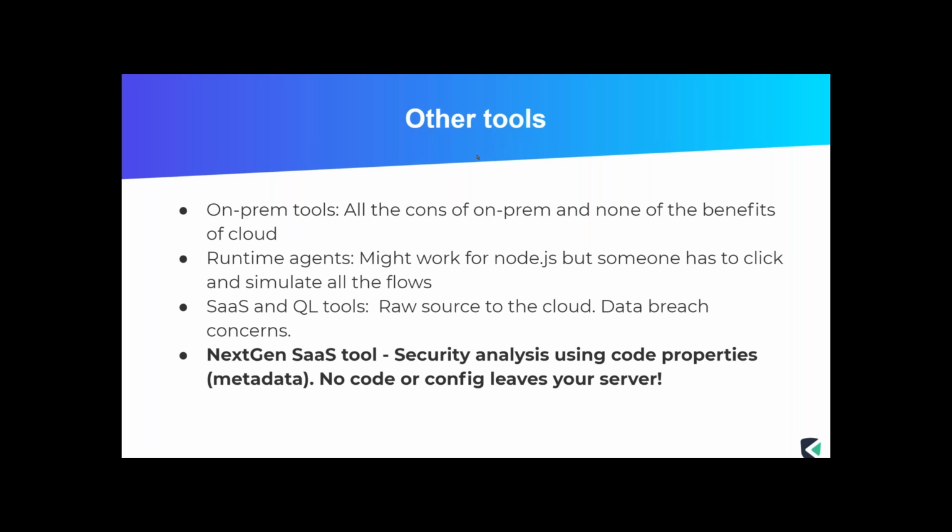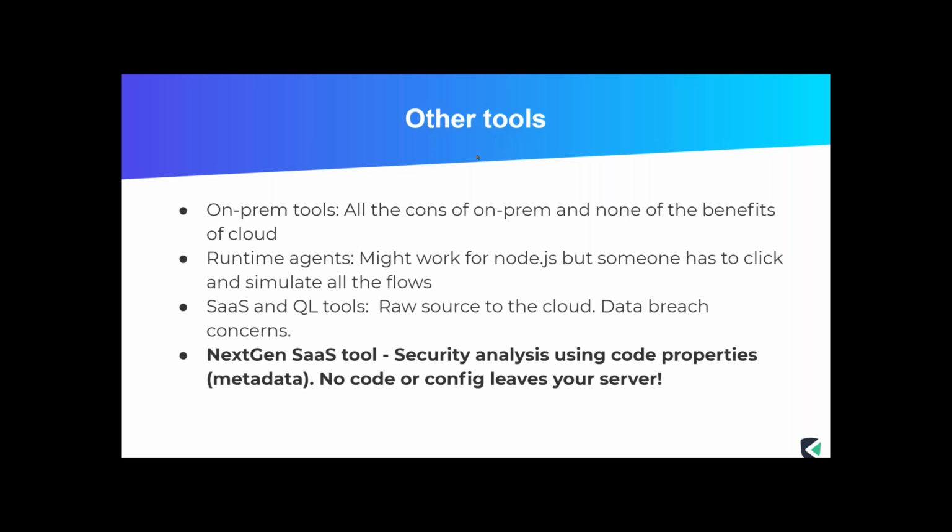With CPG, we can represent not only the properties of the source code, we can also represent the properties of the dependencies, the module level dependencies, program level dependencies, open source dependencies, and so on in a consistent format. And then we can use that information in the cloud to perform security analysis.